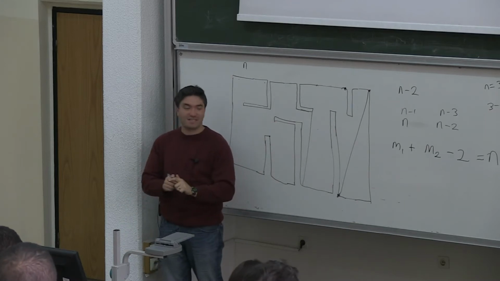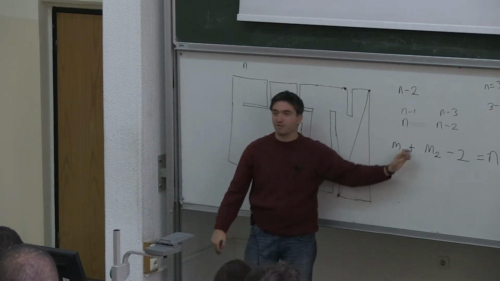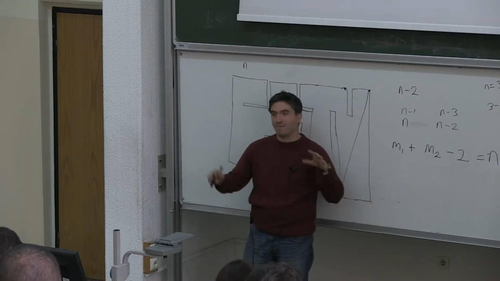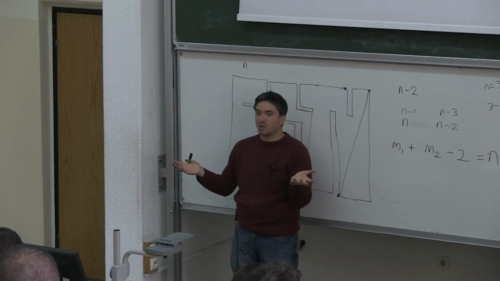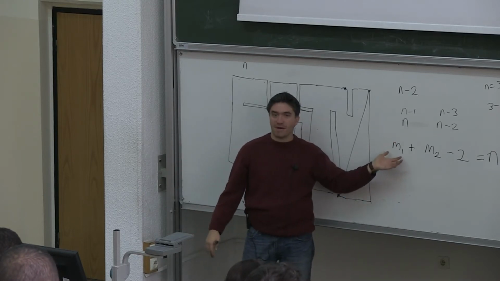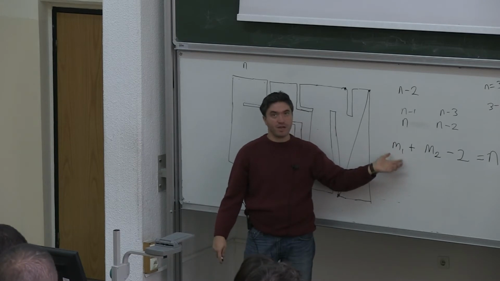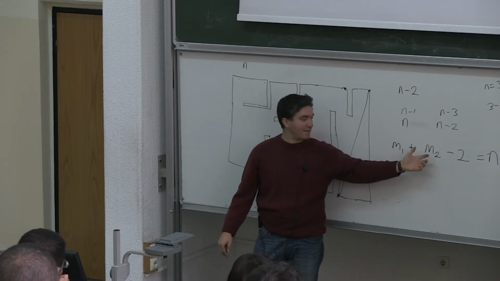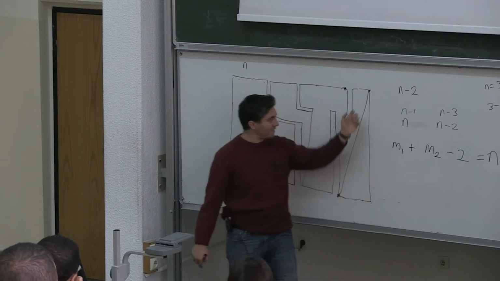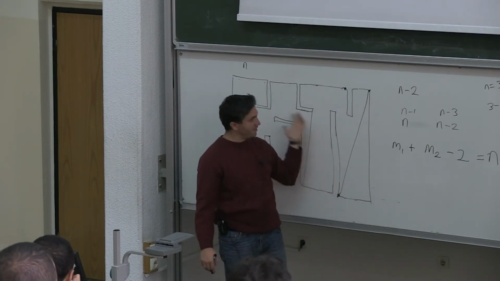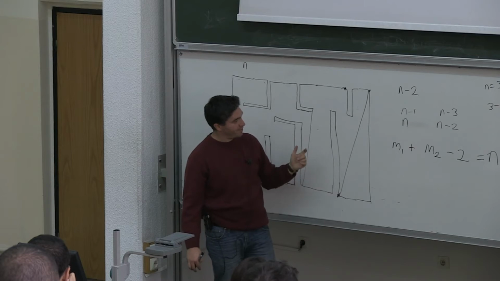We are not interested in the actual numbers of m1 and m2. m1 and m2 may be close to n over 2, n over 2, or it may be n minus 1 and 3, for example. In this case, one of them is 3, the other is n minus 1, right?